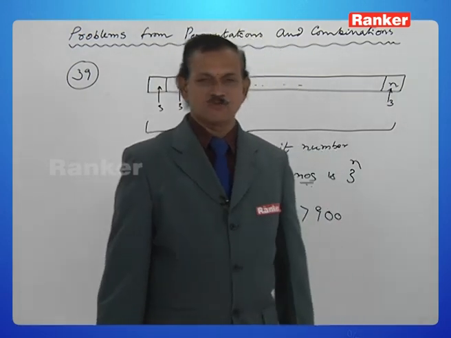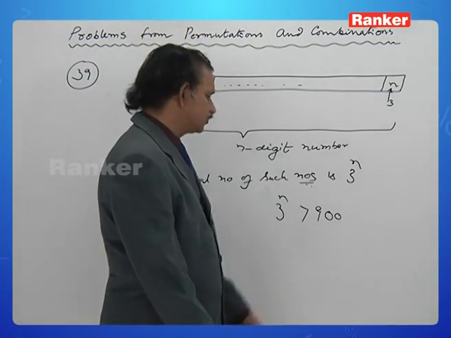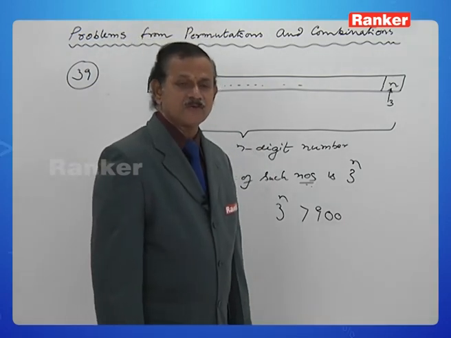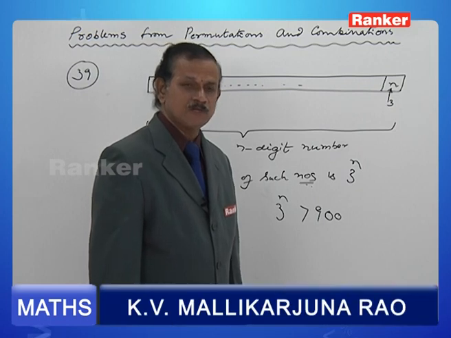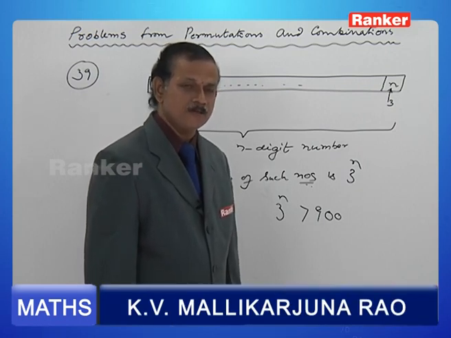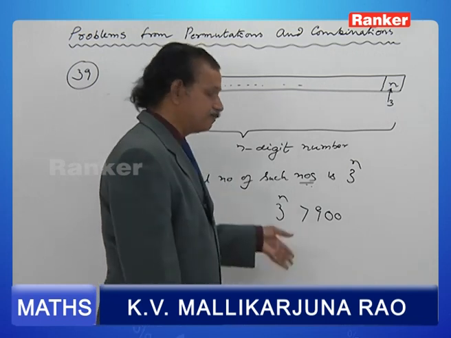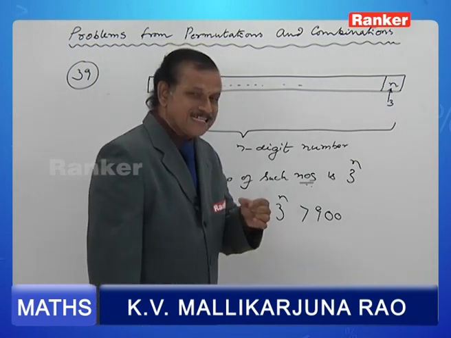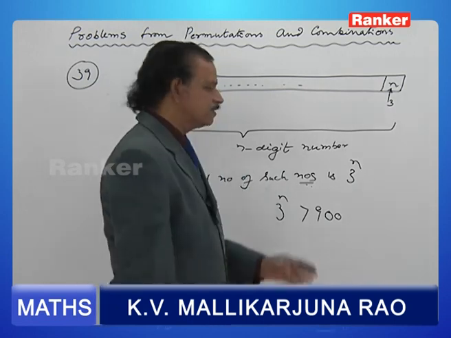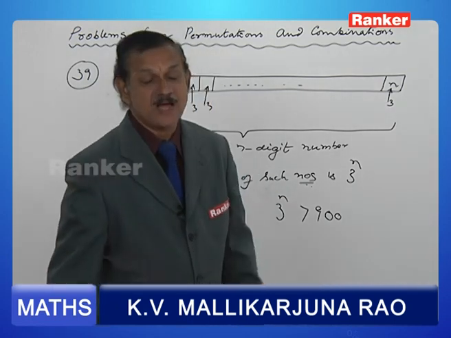Now think of the least value of n for which it happens. 3 square is 9, 3 cube is 27, 81, 243, 729 and 2187. Therefore, 3 power n, if it is to cross 900, what is the minimum value of n? It must be 7. Why?